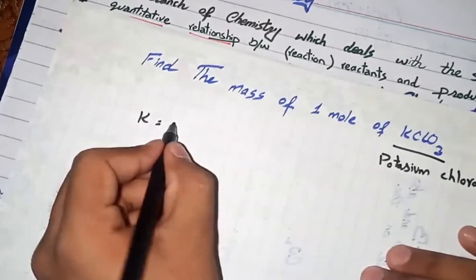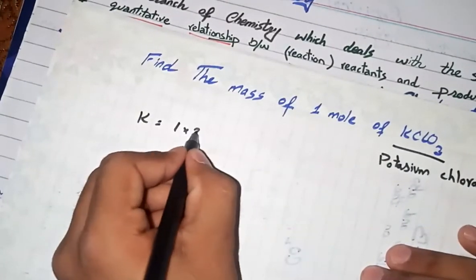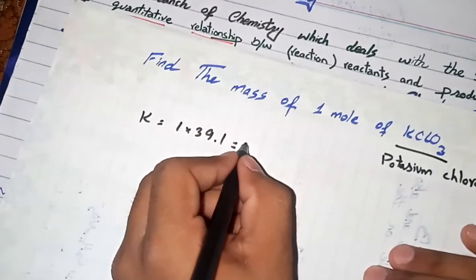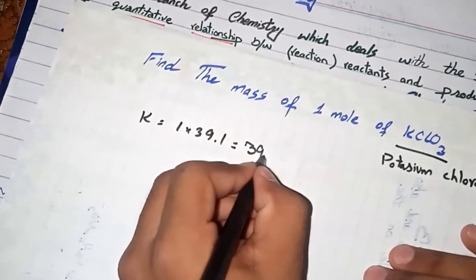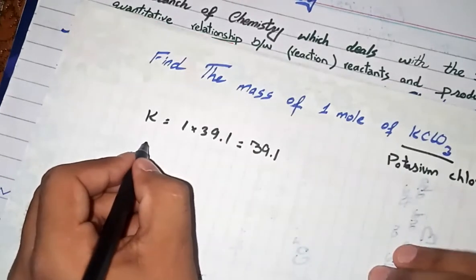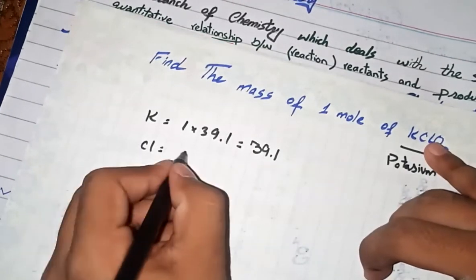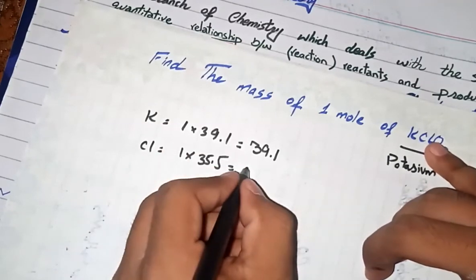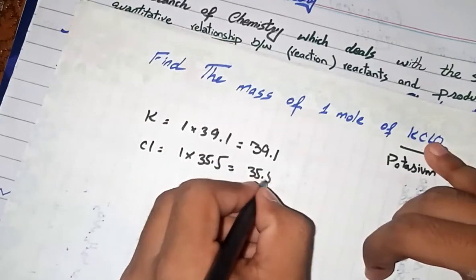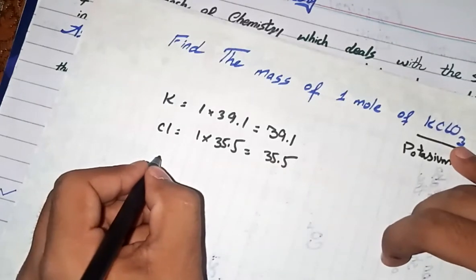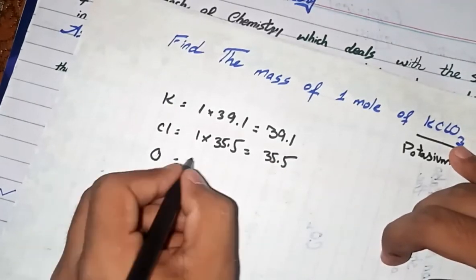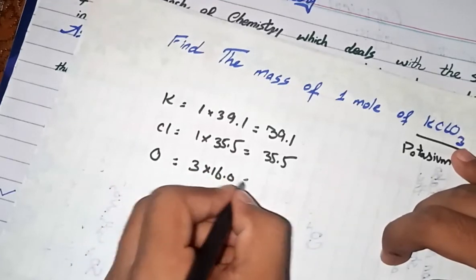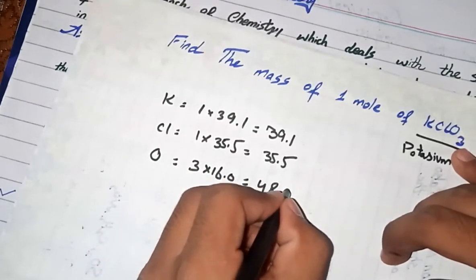As we know, K is equal to 1 mole multiplied by 39.1, which is 39.1, and Cl is 35.5, which is equal to 35.5, and last is oxygen, 3 multiplied by 16, which is equal to 48.0.